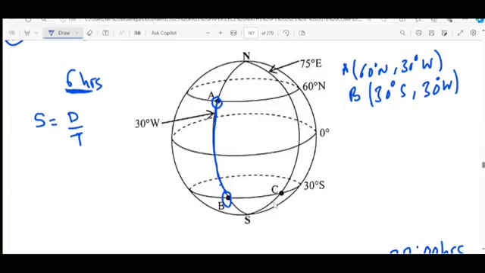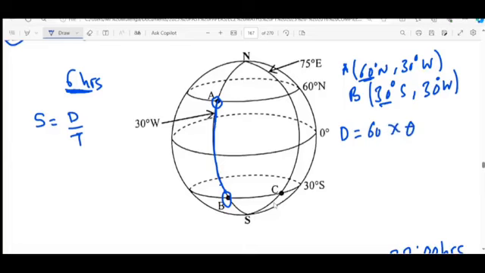So since it's the distance along the line of longitude, we need to find the difference in terms of the latitude. You can see we have 60 degrees north and 30 degrees south. So different hemispheres, we need to add. So we are going to come up with a formula: distance is equal to 60 times theta, because they said find the speed in knots.